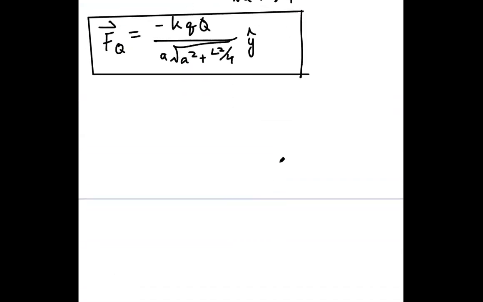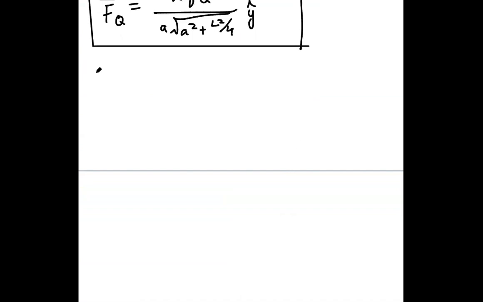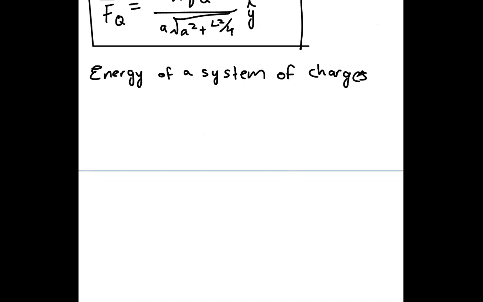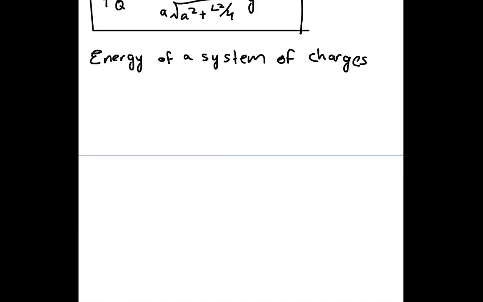All right. So now finally, I want to talk about one last concept if we have time, and that is the energy of a system of charges. So let's say that we have two charges, Q and Q over here.